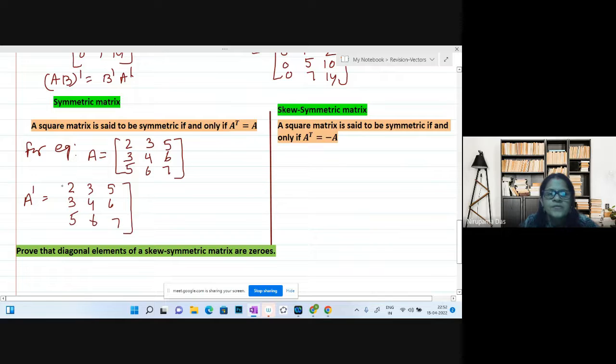If I write A transpose, it is the same, which is equal to the A matrix. It means this one is called a symmetric matrix.